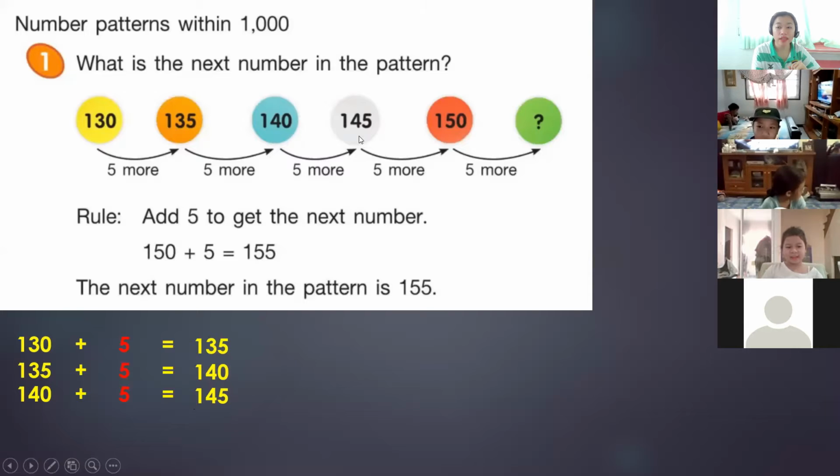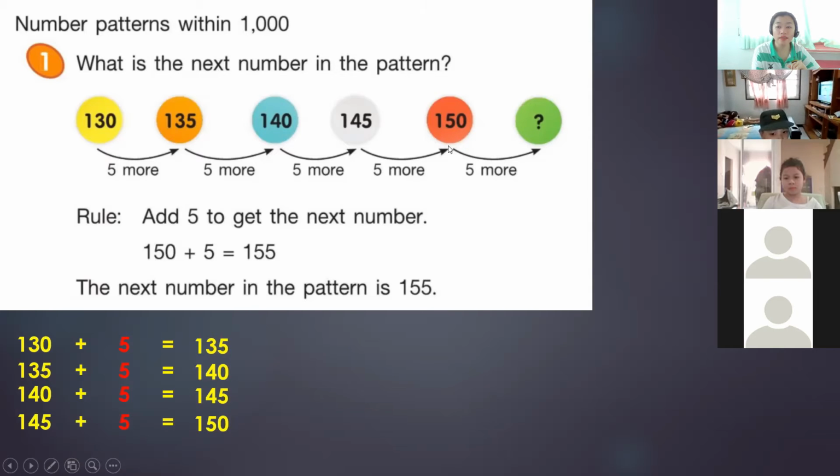Very good. And the next pattern, 145 plus 5 is equal to 150.